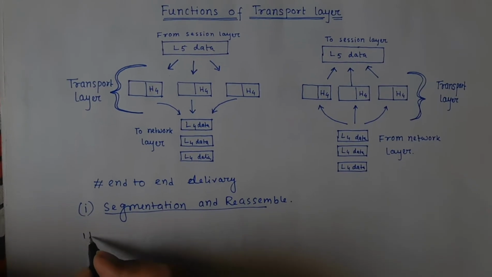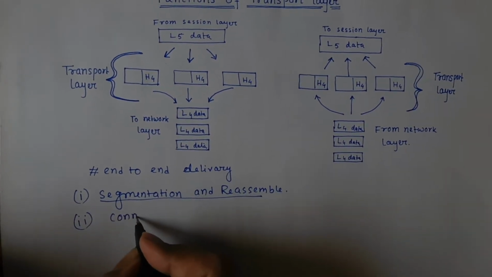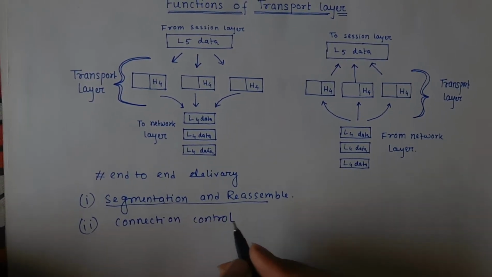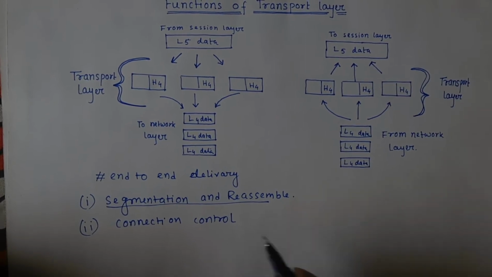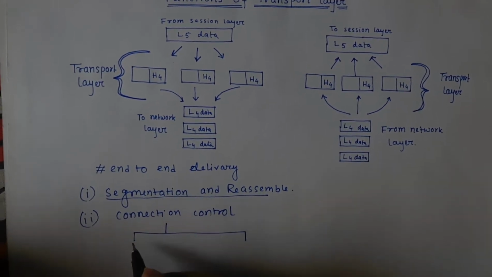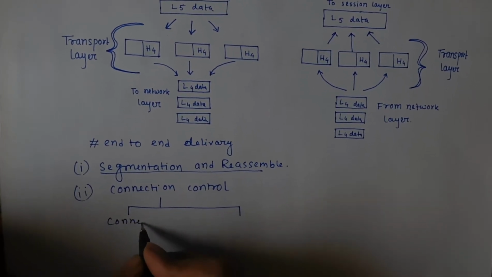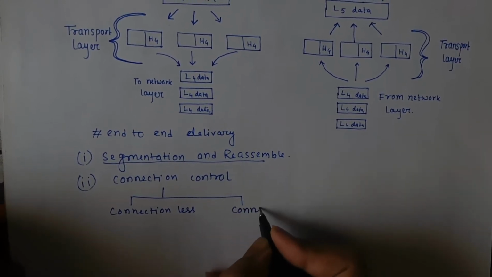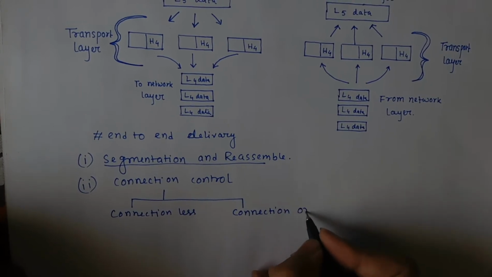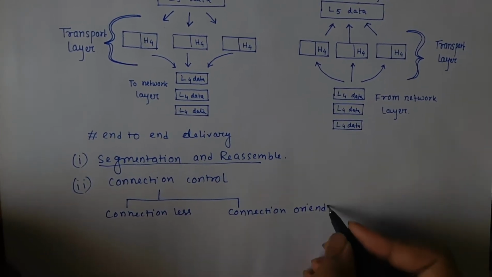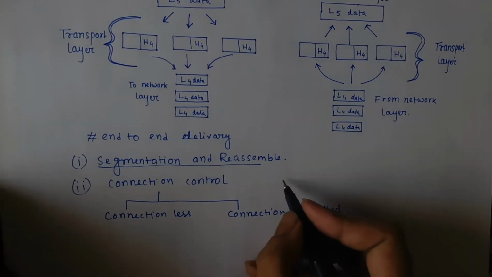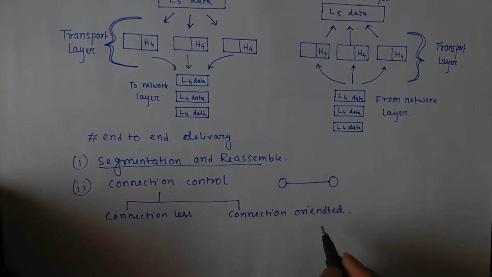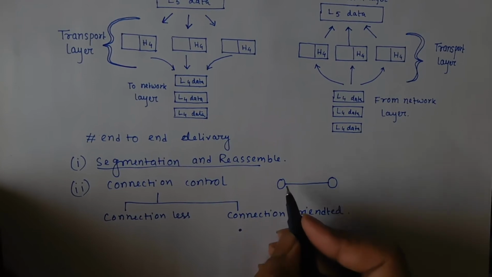Now the next function is connection control. Connection control is either connectionless or connection oriented. Suppose we want to send data from one node to another in connection oriented format, so we have to establish a path.